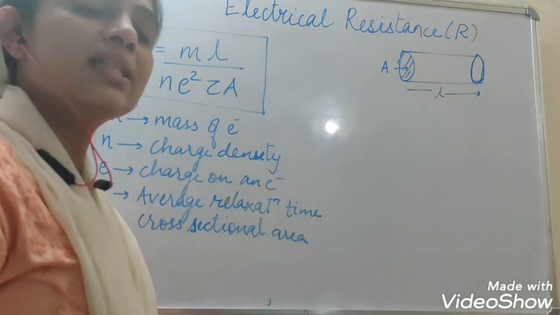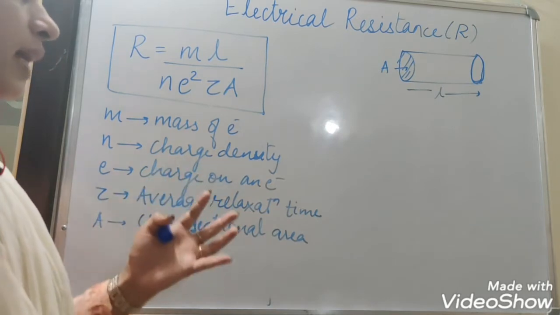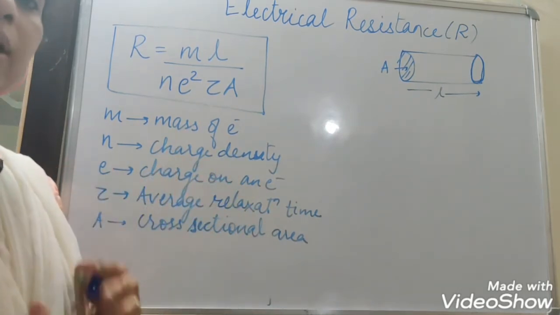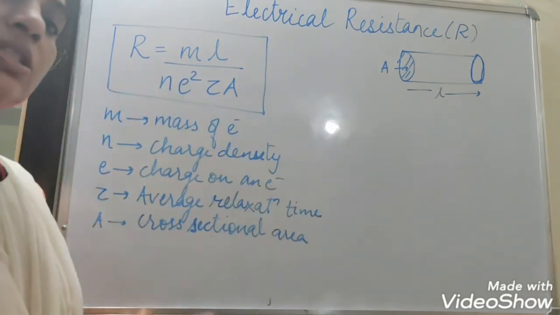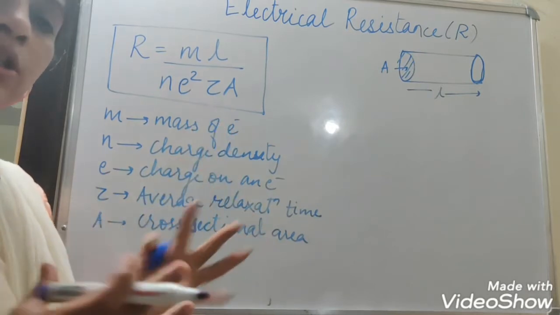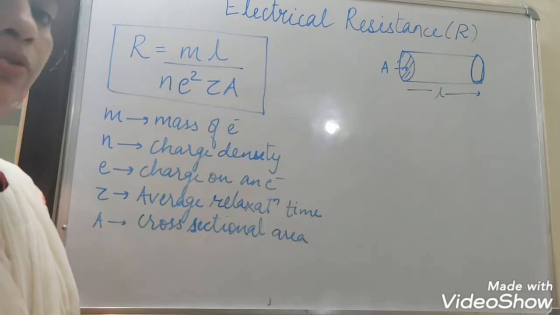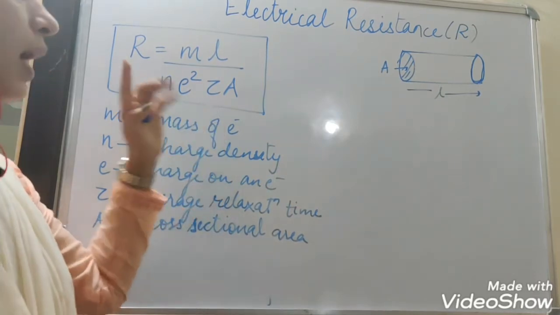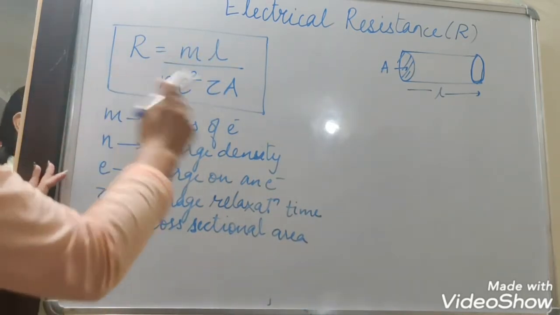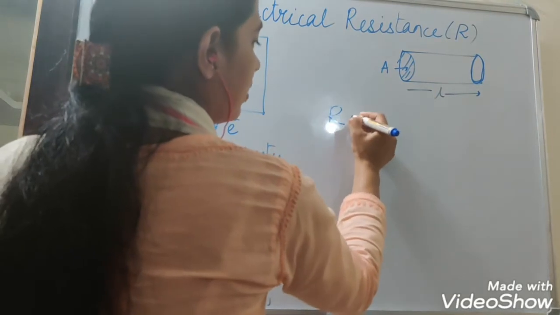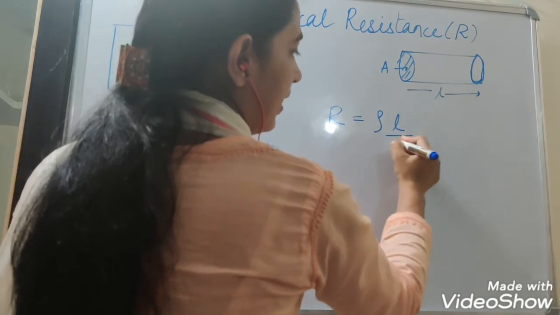Only when you increase temperature to very high values or decrease it does the number of free electrons present at that temperature change, and because of the change in charge density, tau, that is the collision between the electrons and the positive kernels, will change. Otherwise, all these things remain constant. So we can write R is equal to a constant into L by A.